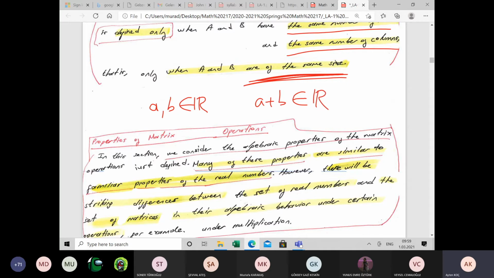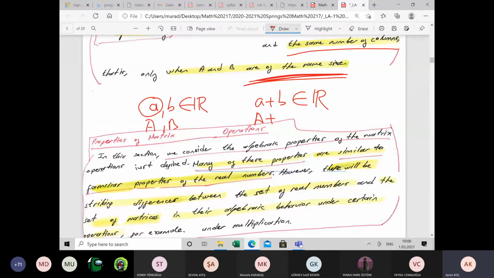Here we take the two matrices A and B. We always use capital A for matrices. The lowercase letter denotes real numbers, but capital A denotes a matrix, an m by n matrix.